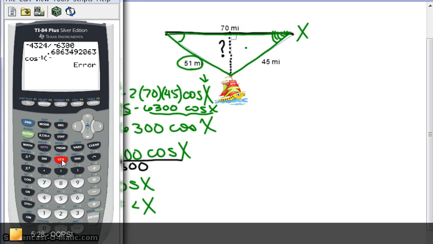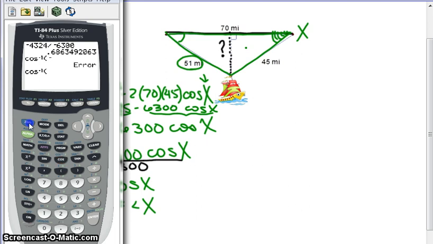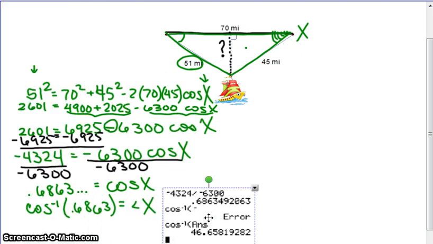Second cosine, second answer. There we go. That's better. 46.65 degrees. So as I come down here, we'll call this angle 46 point, let's call that 46.7 degrees right there.